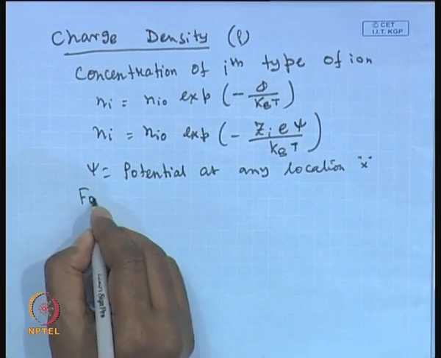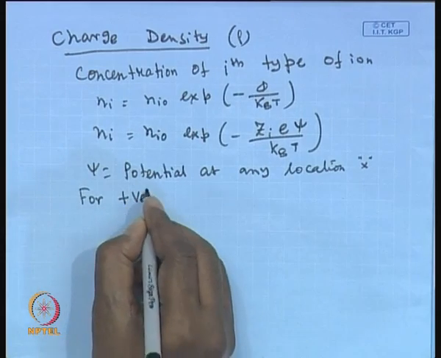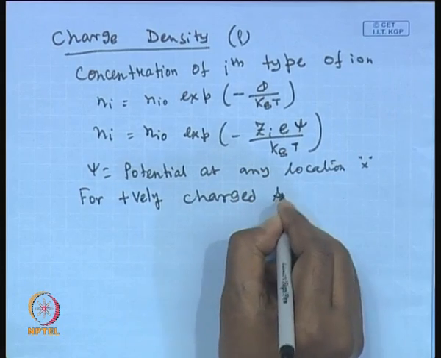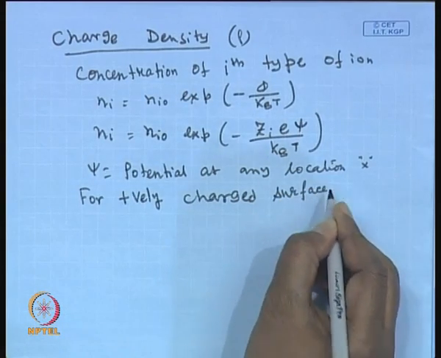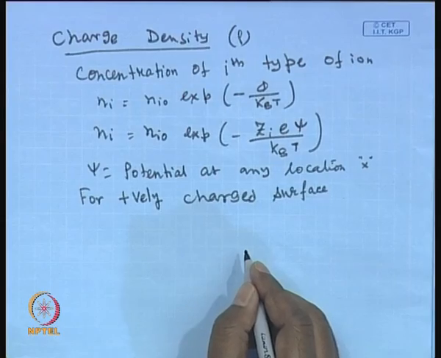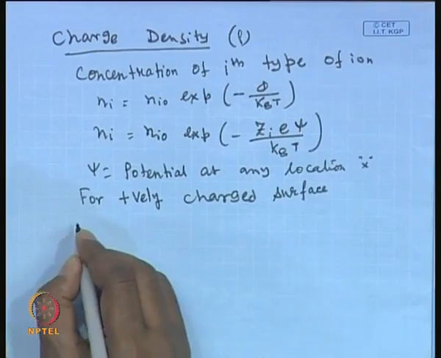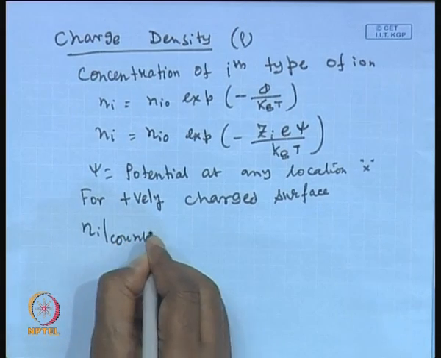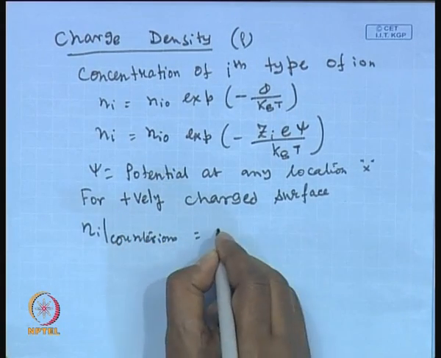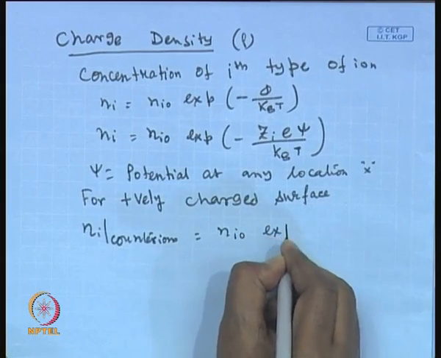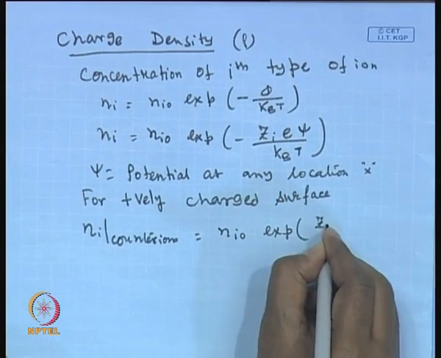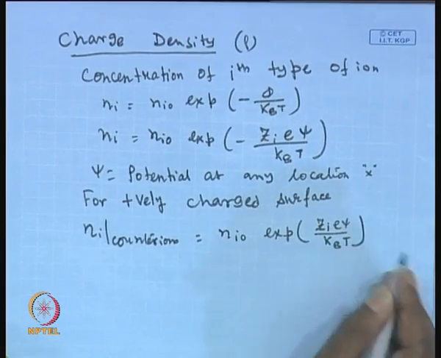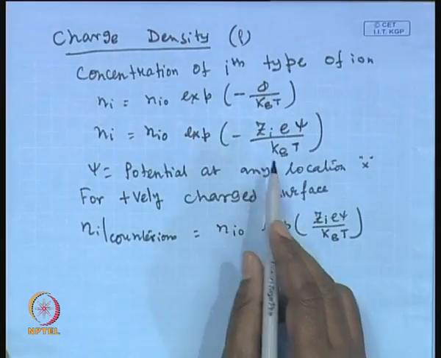So, suppose you insert a positively charged surface in an electrolytic solution, the number concentration of counterions will be Ni naught exponential Zi e psi over kBT, because Zi will be negative there.